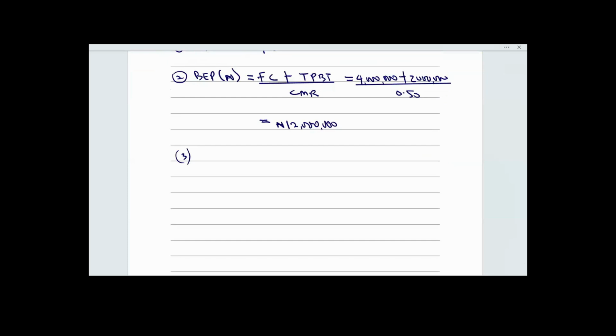So let's make step 3 the sales mix, same as requirement number 1 above.